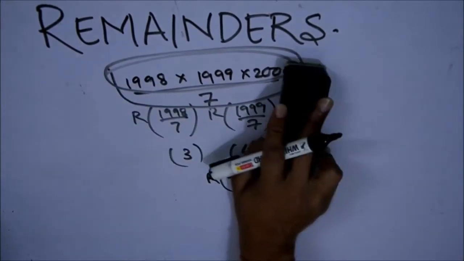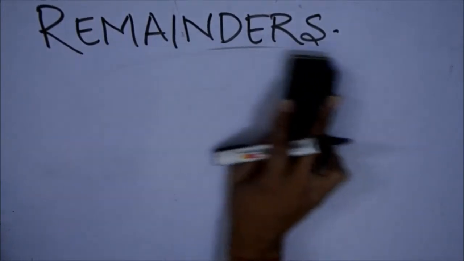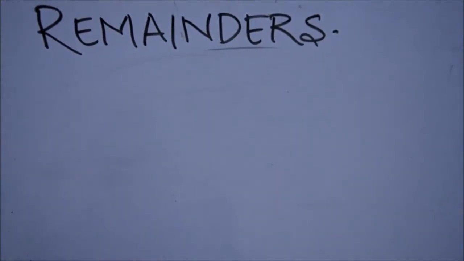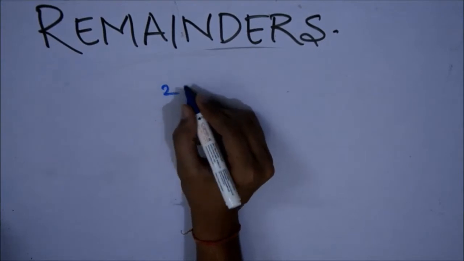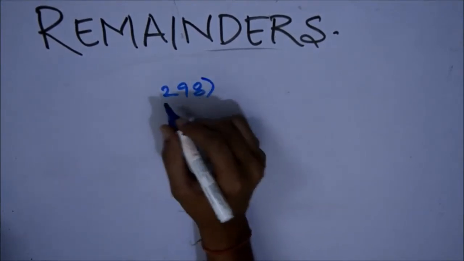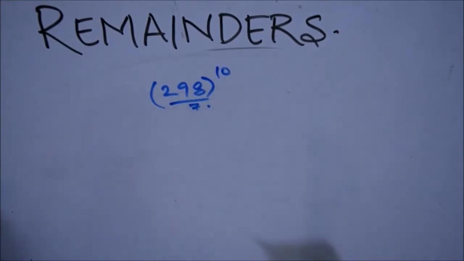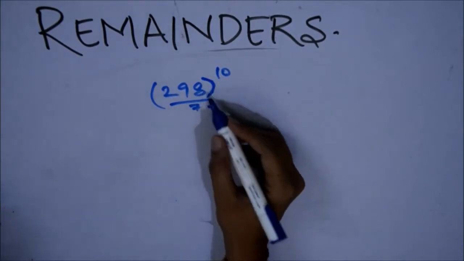Okay. Now let's take another example. What is the remainder when 298 to the power 10 is divided by 7?